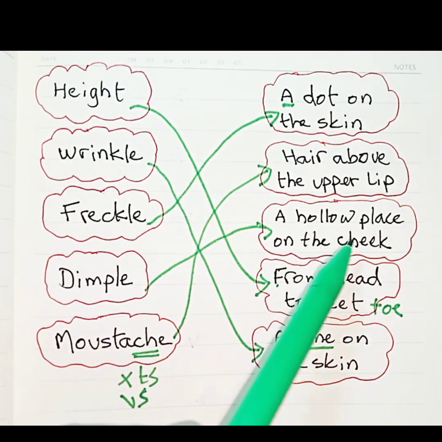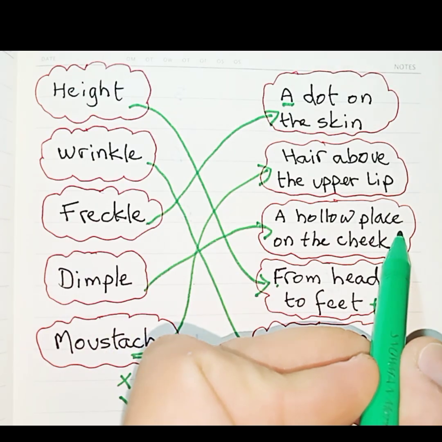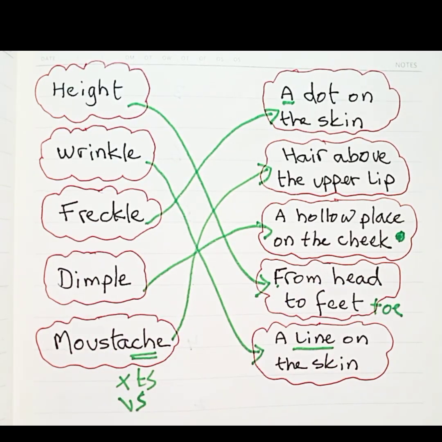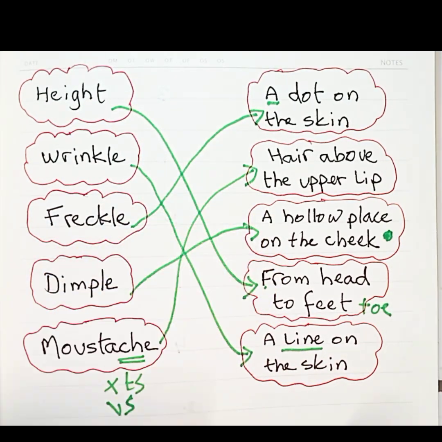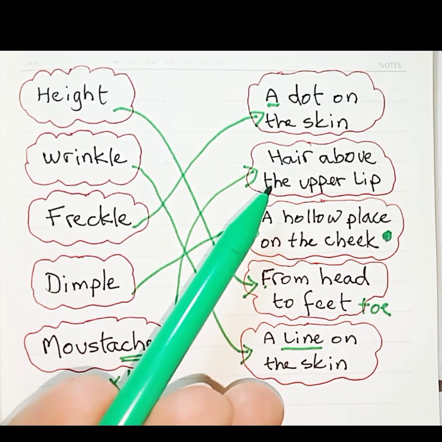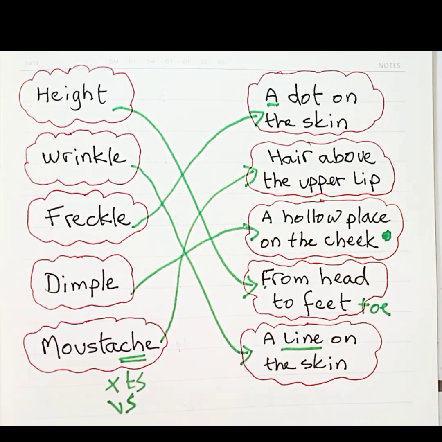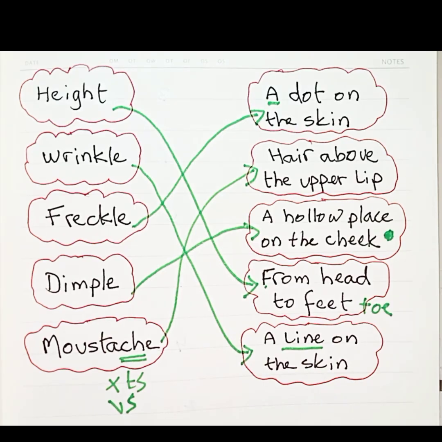Dimple is a hollow place on the cheek, because of pressing on the cheek of the baby, which leaves the mark. It's beautiful. Mustache is hair above the upper lip. Hopefully, you don't confuse these anymore.